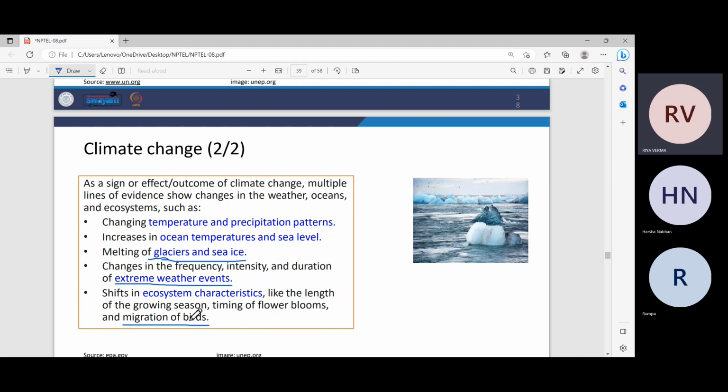Some birds which we used to see around our homes in our childhood, we are not able to see nowadays, because due to this shift in the climatic patterns, they have migrated to other places, or they have started becoming extinct. So this is an effect of climate change.